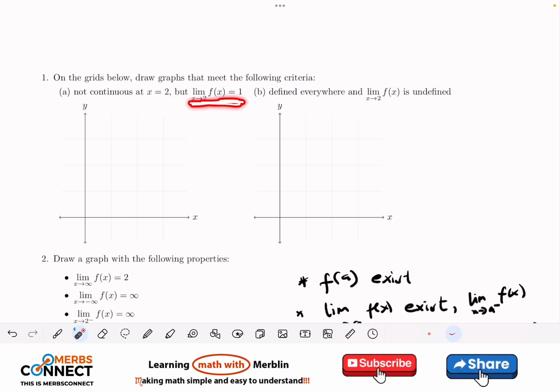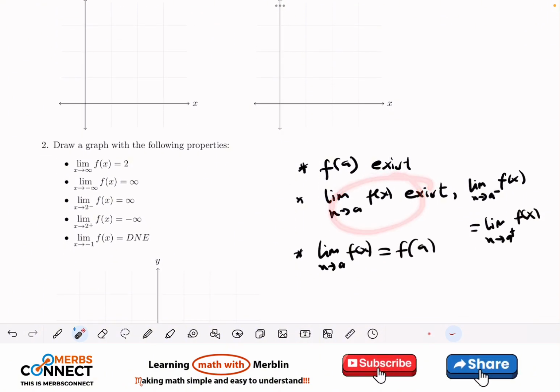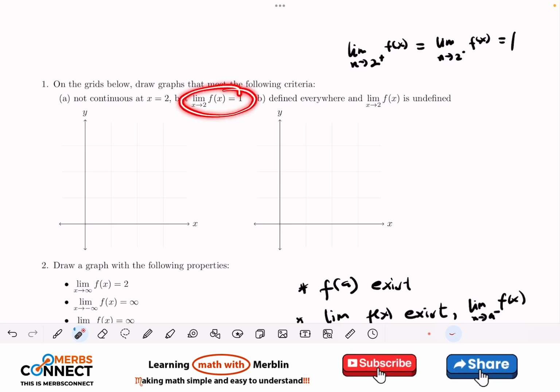We can see that this question is saying that the limit as x is approaching 2 is equal to what? 1. Since this right here is equal to 1, it implies that the limit as x is approaching 2 from the positive side of f of x is the same as the limit as x is approaching 2 from the negative side of f of x, and is equal to 1, right? So if they give us this, automatically the left and right are the same and they are also equal to 1.